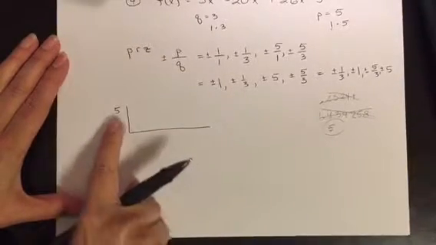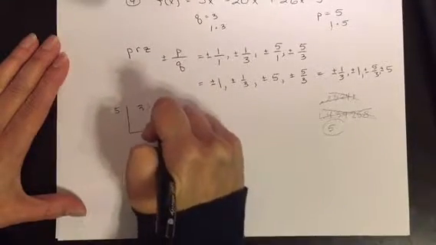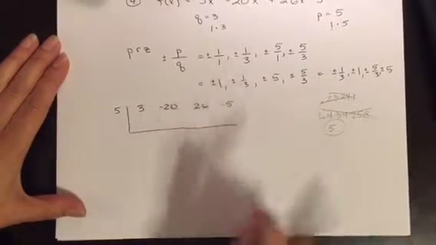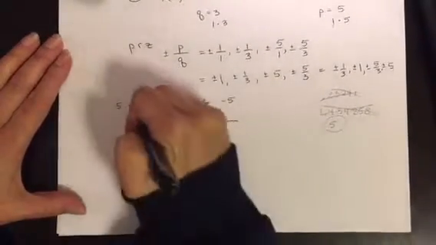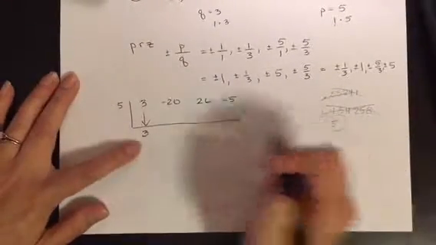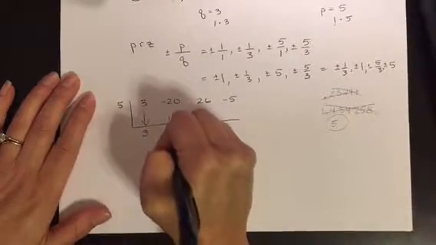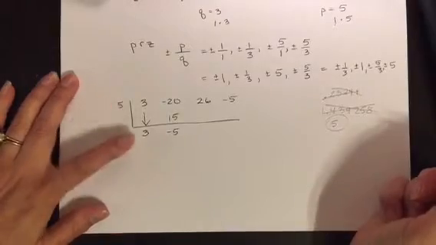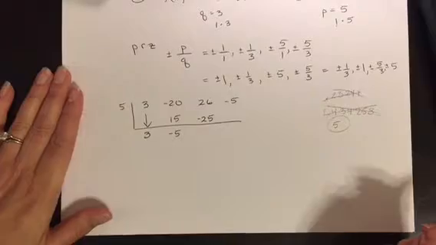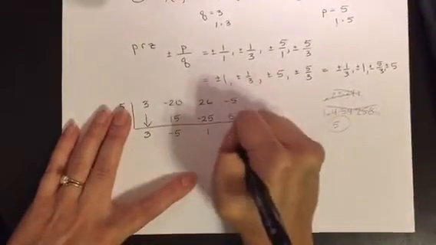So set up my synthetic division with 5. Then I'm going to put in 3, -20, 26, -5. All right, synthetic division, here we go. So bring down my 3. 5 times 3 is 15. -20 plus 15 is -5. 5 times -5 is -25. 26 minus 25 is 1. 5 times 1 is 5.